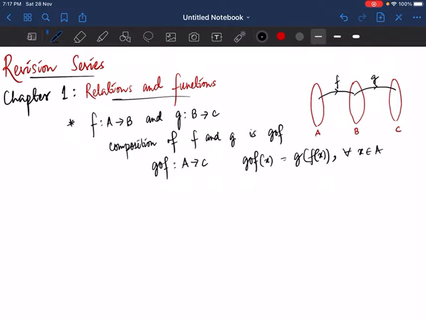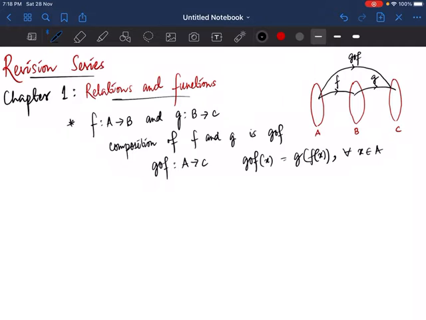And the composition basically means what? Directly from A to C. This is the link, and this one is denoted by g of f. That is the composition of the functions f and g. Now the next one is the inverse of a function. Now this one was composition of functions.